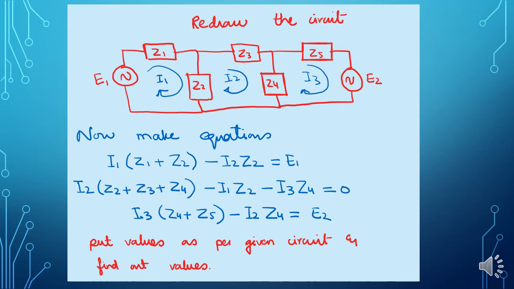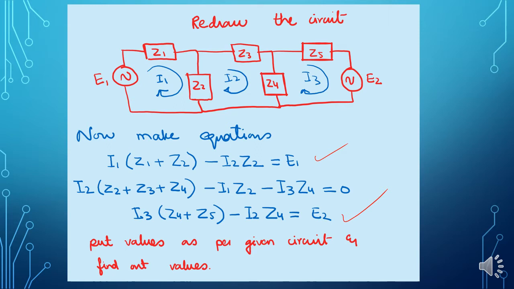All three equations are made. The first equation is for I1, the second for I2, and the third for I3. These are all Kirchhoff's voltage law equations. Why voltage law equations? Because current and impedance, as per Ohm's law, give voltage, right? And on the other hand, if we have voltage sources E1 and E2, we have to balance the equation.